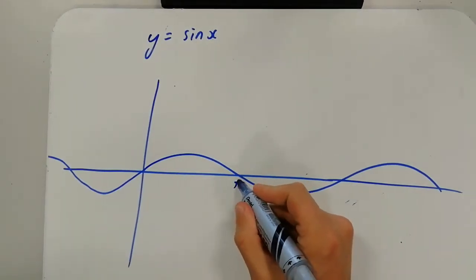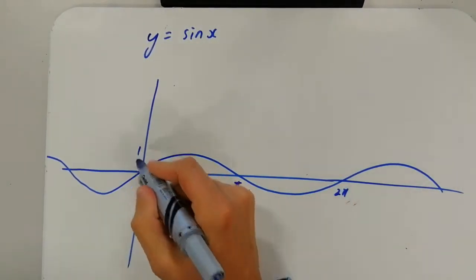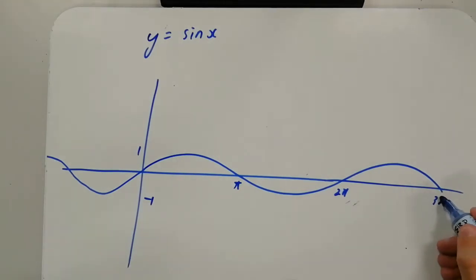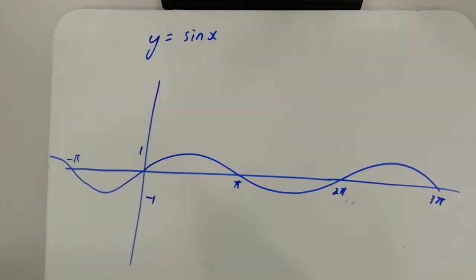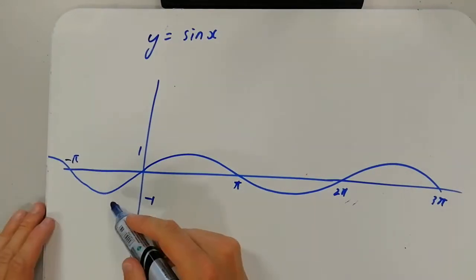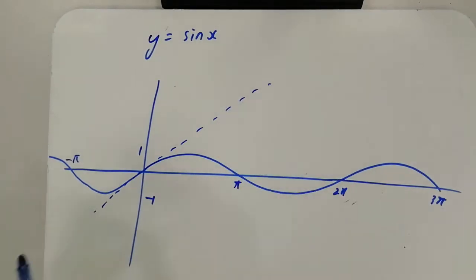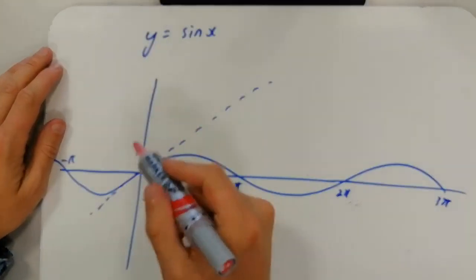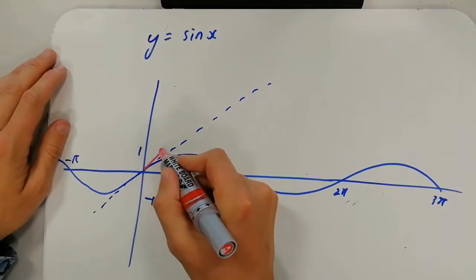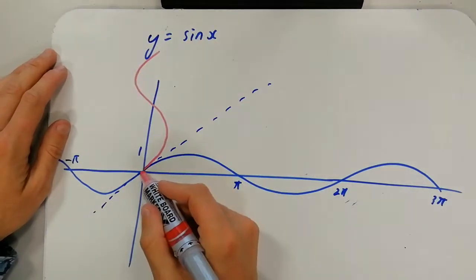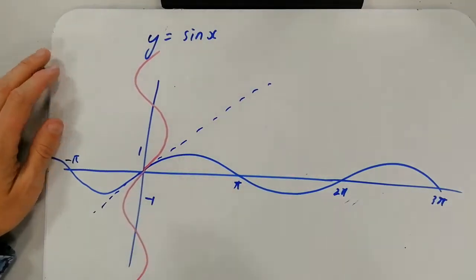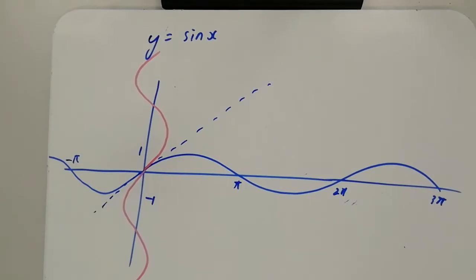And we'll just get some labels in: pi, 2 pi, 1, minus 1, 3 pi, minus pi. Okay, cool. So you might think, oh, that's fine. We can just reflect this in the line y equals x, and we can get our inverse. Something like that.